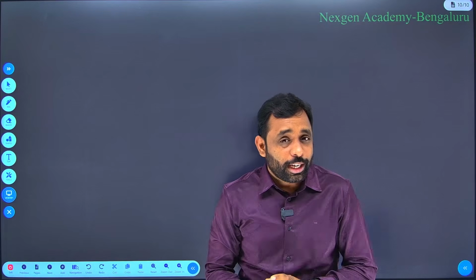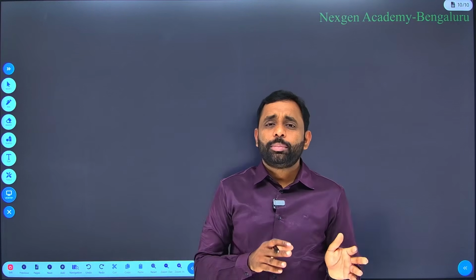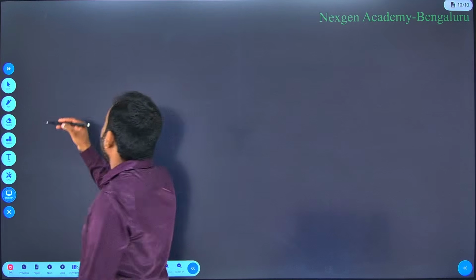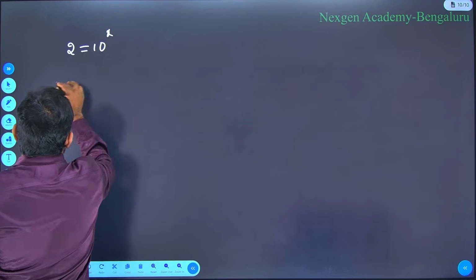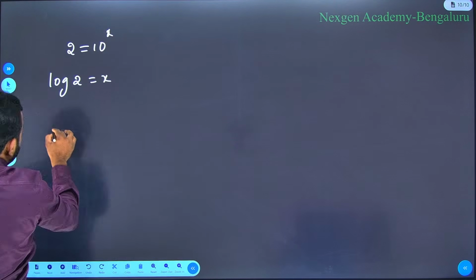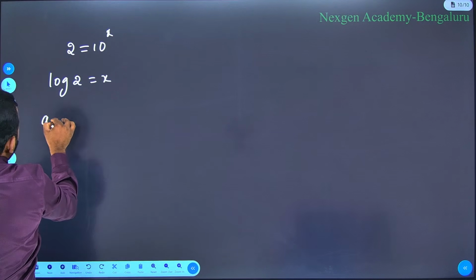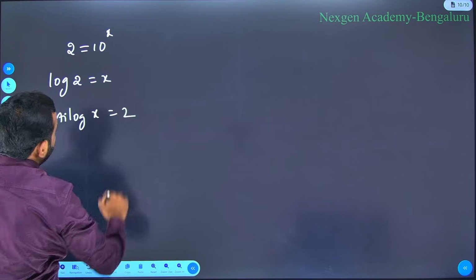Now let us find the anti-logarithm. As I told you, logarithm and anti-logarithm are opposite to one another. 2 is equal to 10 to the power of some x. From the formula, log 2 is equal to x, and anti-log of x, if you do it, you will get 2.